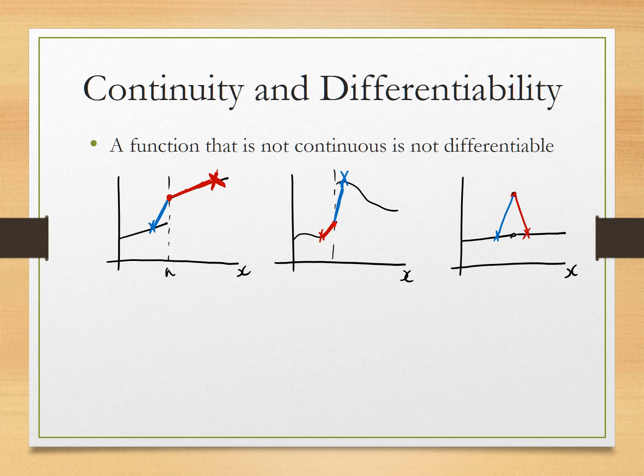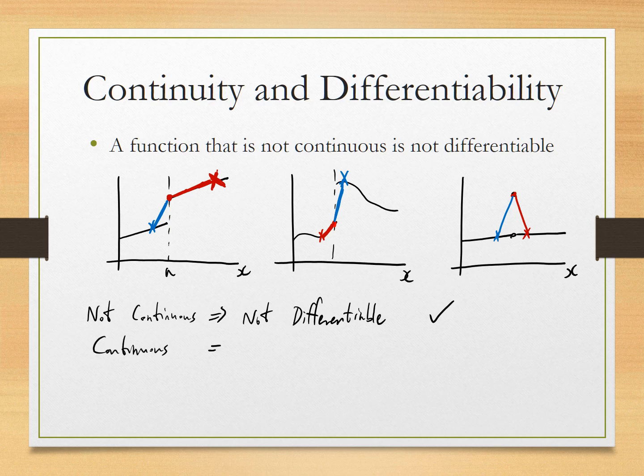Not continuous means that it's not differentiable. This is basic logic, actually. That's true. But continuous means differentiable is not true. It's not true that all continuous functions are differentiable. And here's one example.